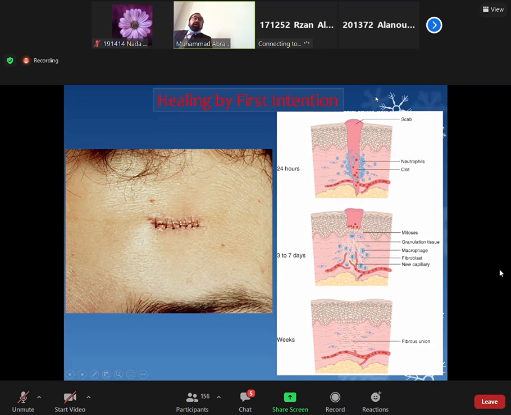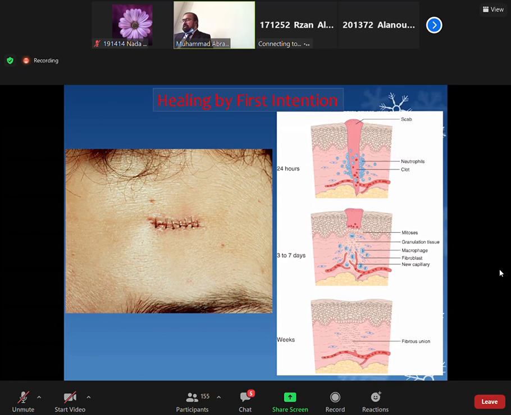Why? It does not allow the bacteria to enter down. Clear? Now down below, in the first 24 hours, the first cells which come here are neutrophils, and the clot will be coming down like this, and the neutrophil is there to clean the whole thing.